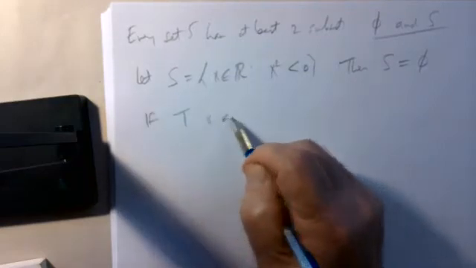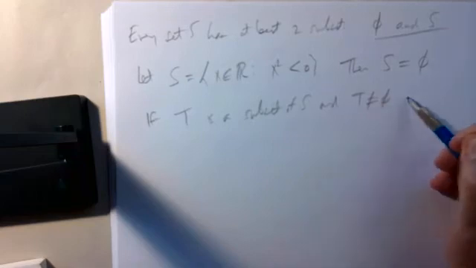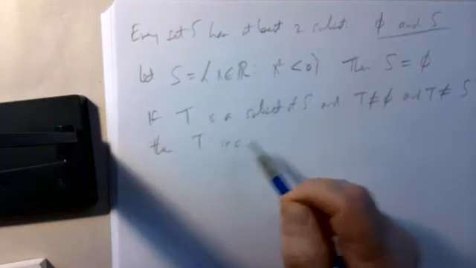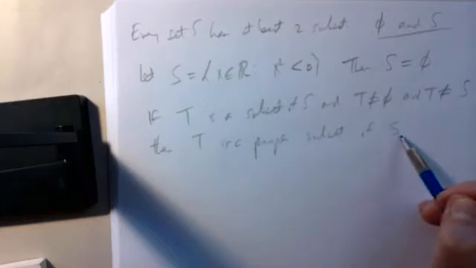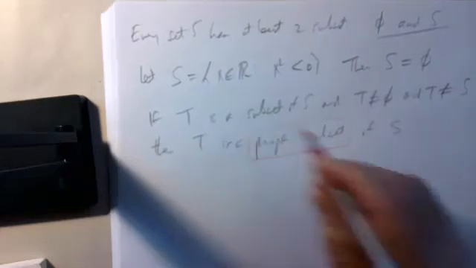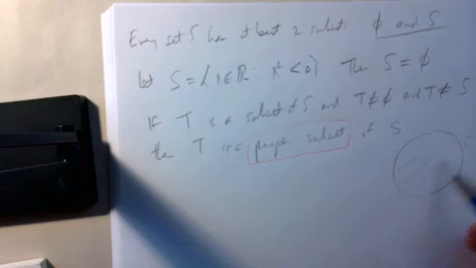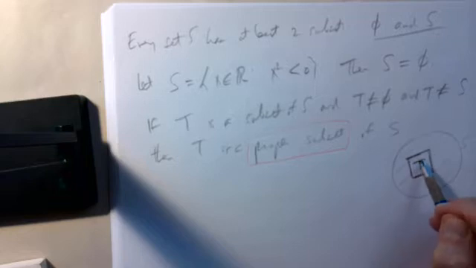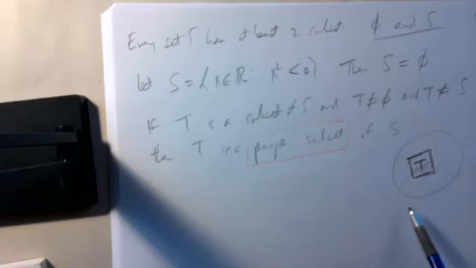If T is a subset of S and T is not the empty set and T is not the whole set S, then we say T is a proper subset of S. And you can often think of a set like this: here's the set S, and everything inside this circle are the elements of S. If sitting inside S you have a subset T, T is a proper subset of S if T contains something, but it's not the whole set.